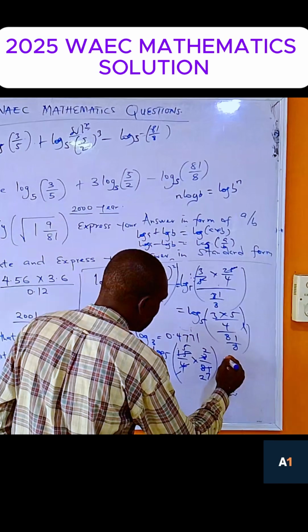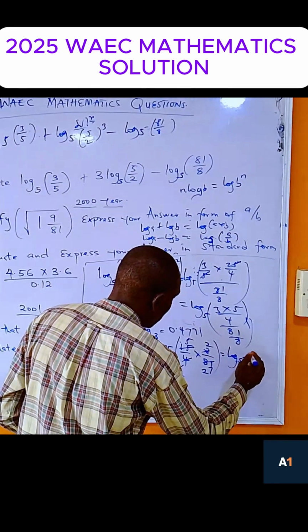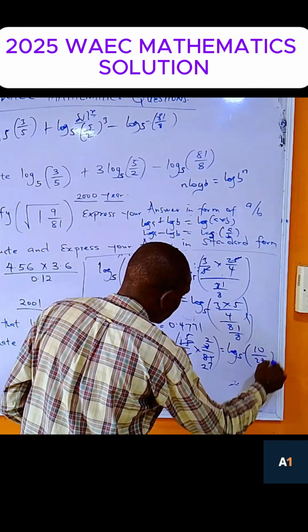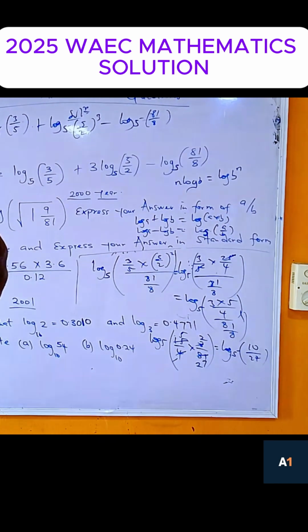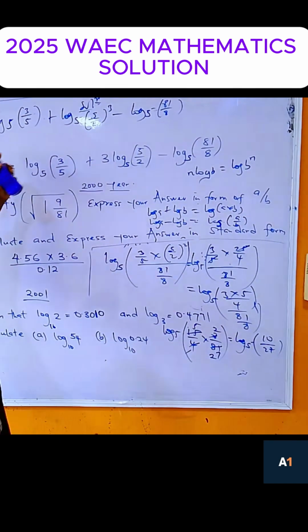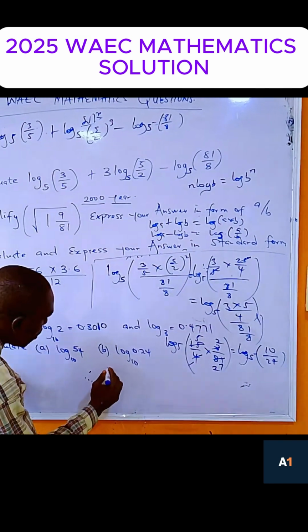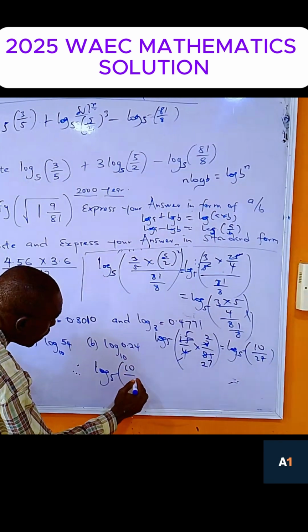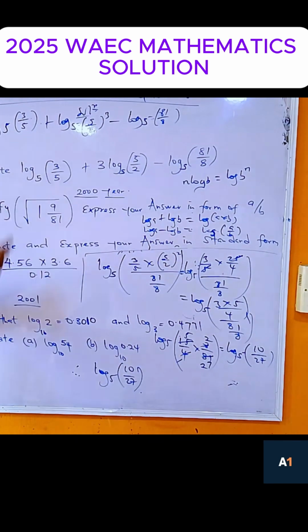So this one times this, we have equal to log base 5 open bracket 10 over 27. So is there anything common? I think definitely no. So the evaluation of all this will give us log base 5 then 10 over 27. So here is the answer for this particular question.